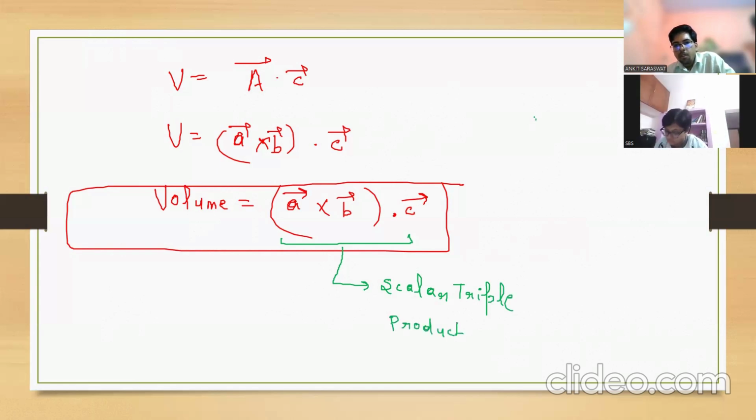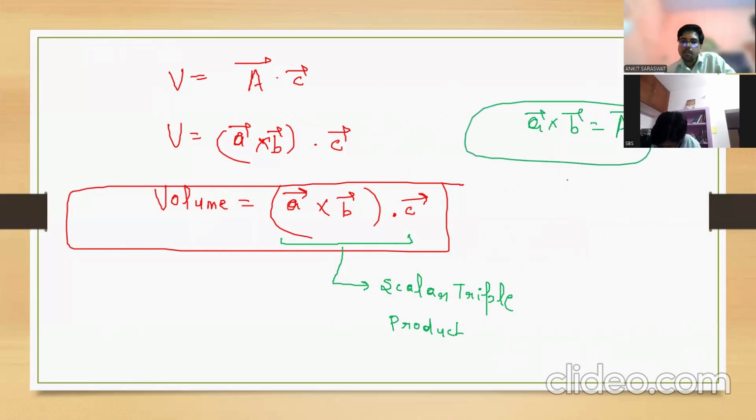This A cross B which we have found is actually the A vector, the vectorial area. Understood? This is very important. And in what way will I write it?